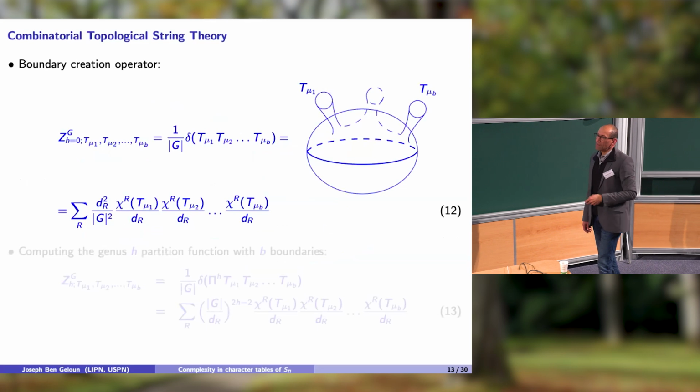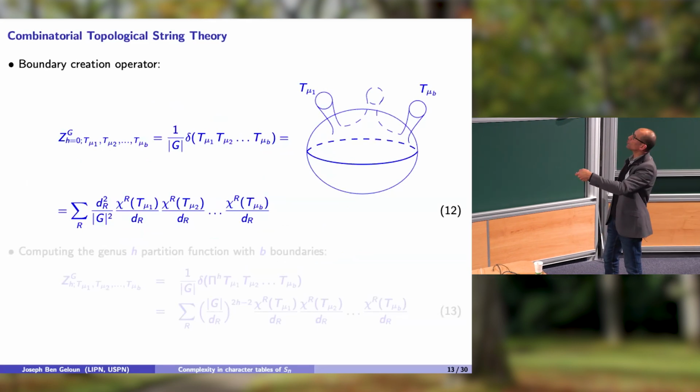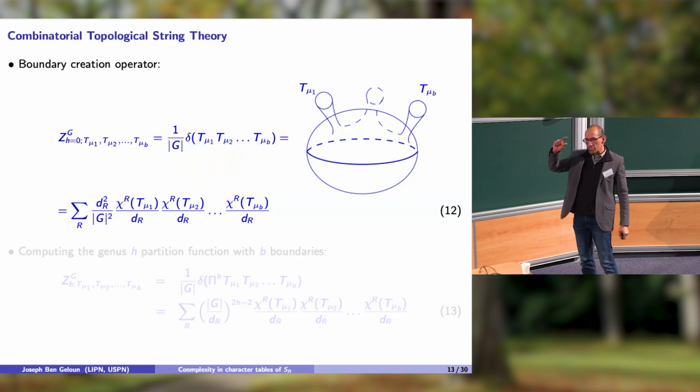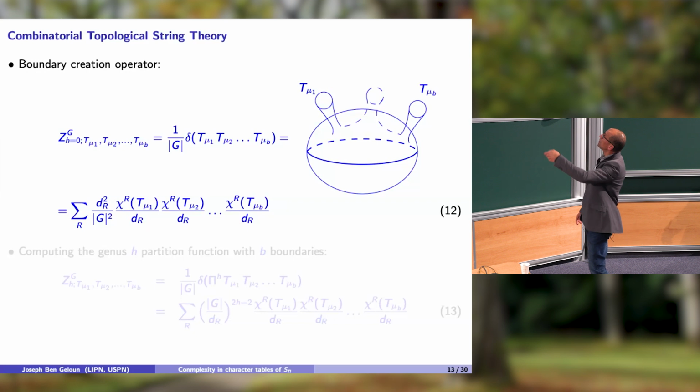All right, let's have a look at the boundaries now. You have another boundary operator that creates boundaries. You take b boundaries and label them by these conjugacy class elements, these central elements. It's like you're creating holes on the sphere.